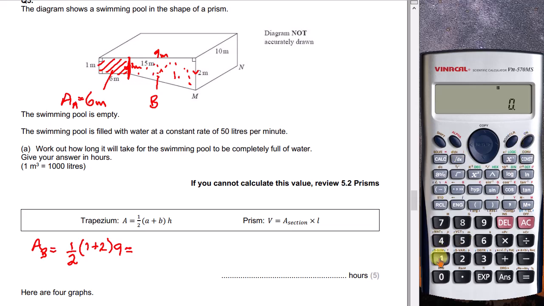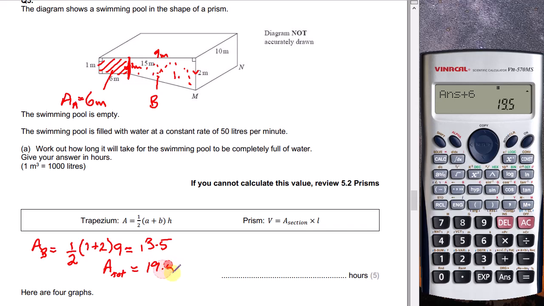So 1 over 2 multiplied by a bracket of 1 plus 2, close the bracket, multiplied by 9. That gives me 13.5 plus the 6 meters from section A, and we've got a total of 19.5. So that's 13.5, and the area total is 19.5.